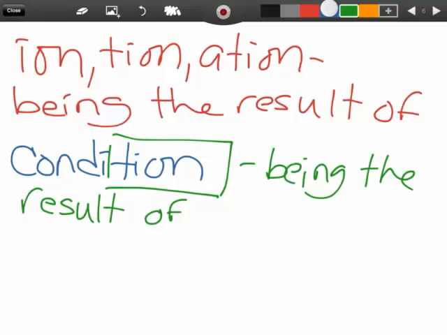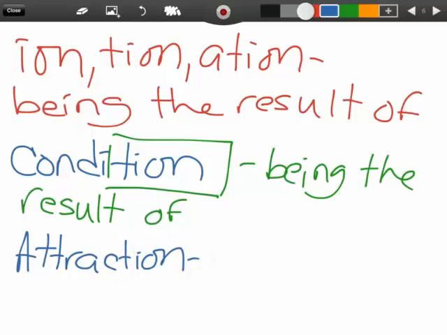I'm going to give you another word that is attraction. Now, let's look at this word. Attract, as we all know, means to pull.